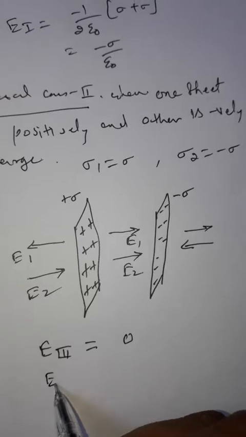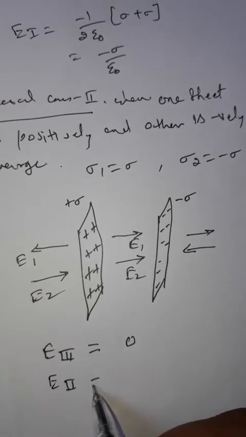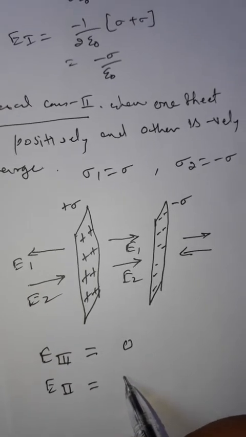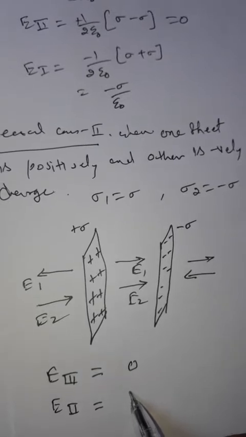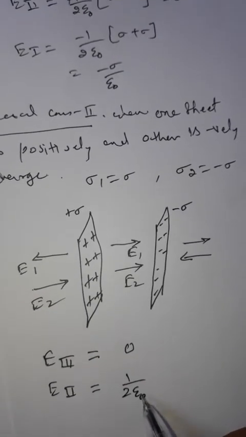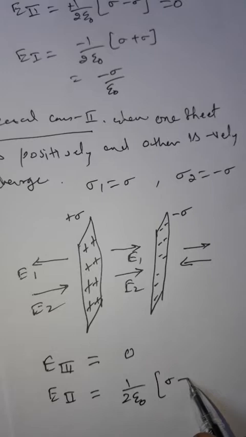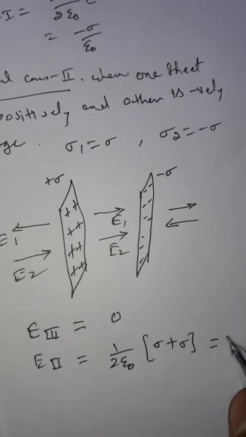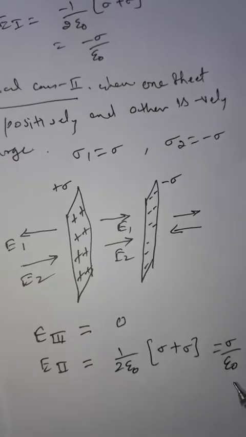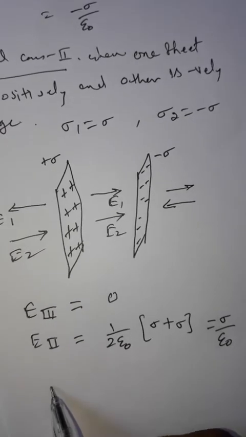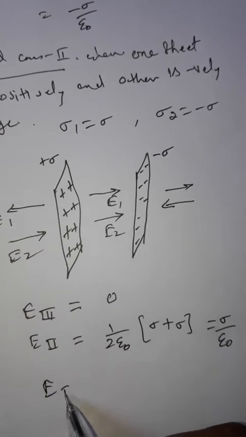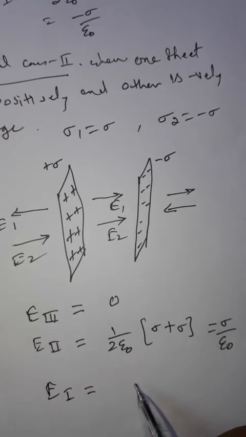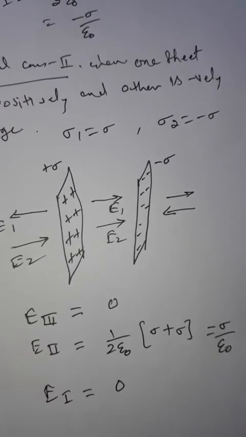Similarly the electric field in the second region is 1 by 2 epsilon naught into (sigma plus sigma), that is equal to sigma upon epsilon naught. And if we put in equation 5 we get E first, that is again equal to 0.